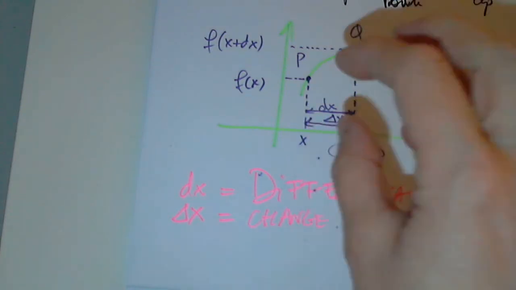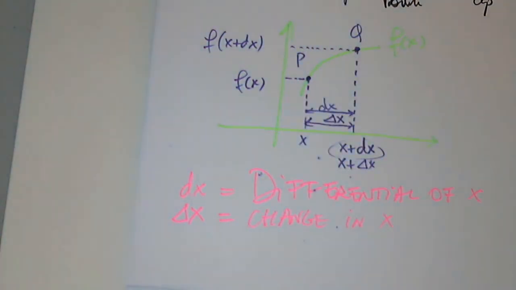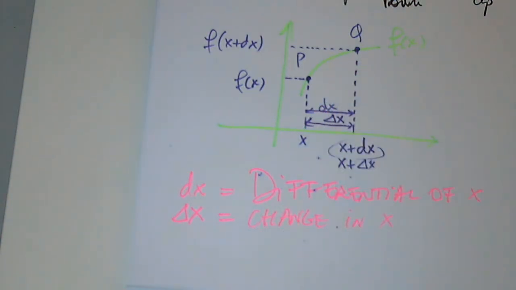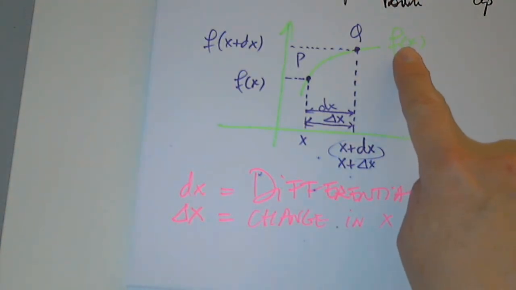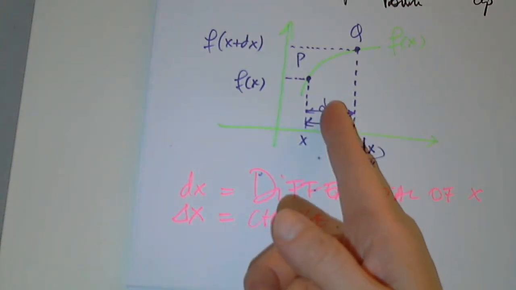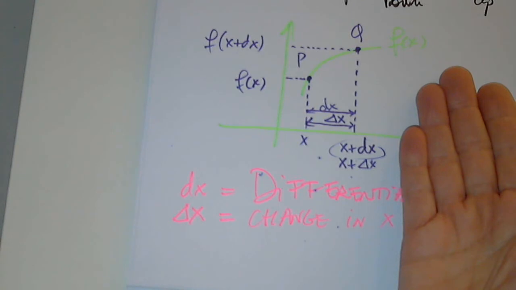So remember, we are zooming in. Q and P are very close to each other, but I have to zoom in to explain what I'm doing. So there is a dx or delta x, a minor error in the radius of the disk, and this is the area of the disk. Obviously a minor error of dx or delta x creates an error in the function.